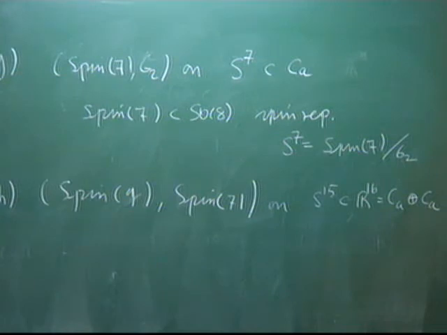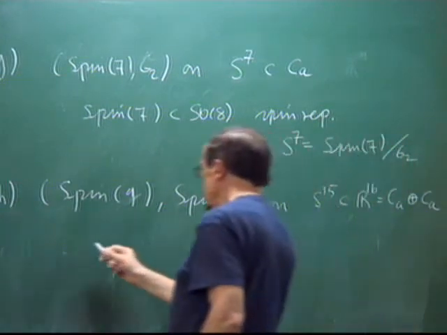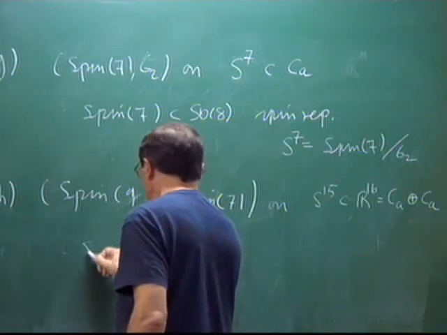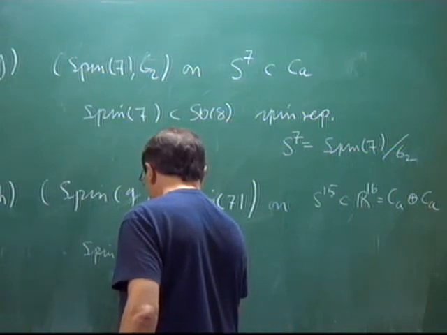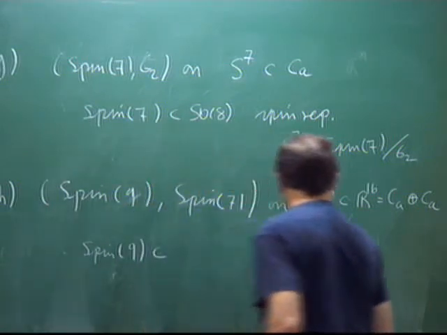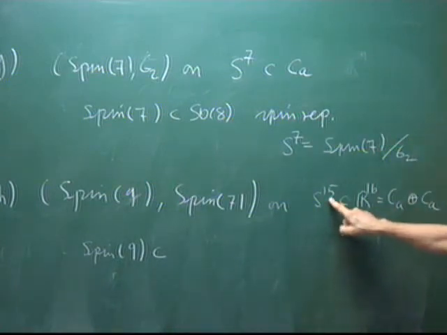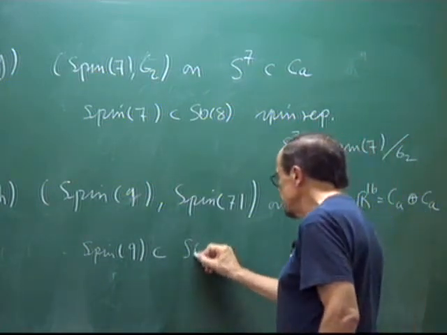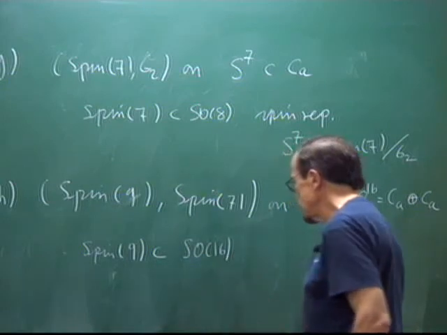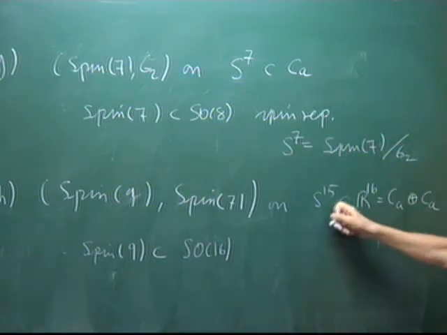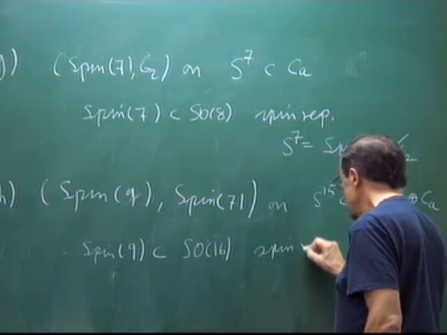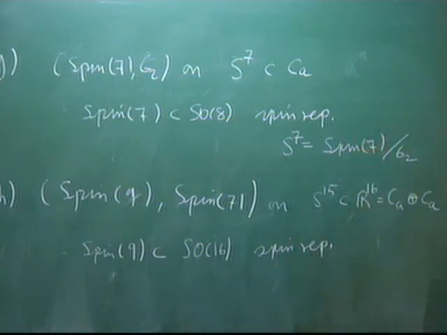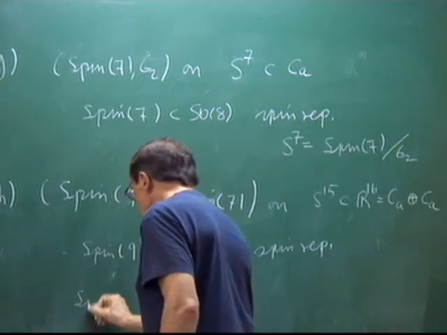Again, I won't write down the action, but on the one hand, I can say Spin(9) sits inside SO(16). That's what it means to act on S^15, on R^16. And that's a spin representation again. And then the claim is the stabilizer is Spin(7). So Spin(9) mod Spin(7).